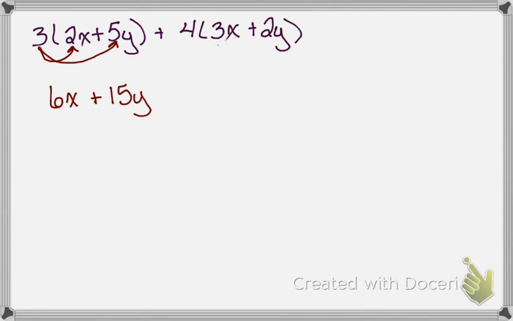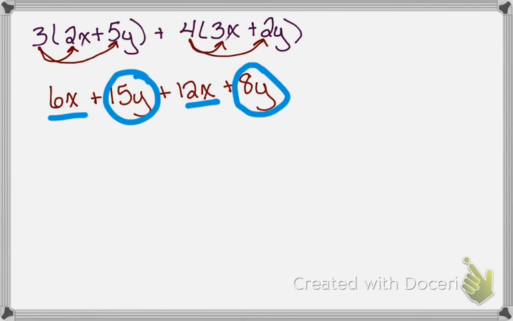Okay? 4 times 3x is 12x. 4 times 2y is 8y. 6x and 12x, 15y and 8y. So I should have 18x plus 23y.